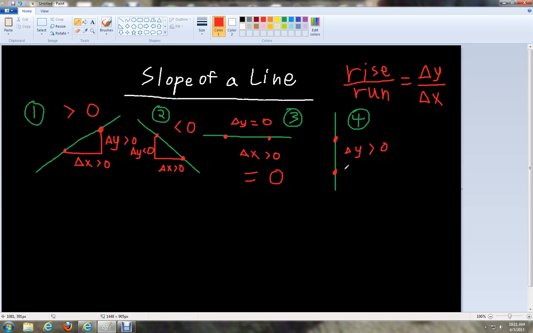But x, there is no change going left or right. So our delta x is 0. And if you notice with slope, if you have 0 in the denominator, you know that that's undefined. We can't divide by 0 with fractions. So that's why it's called an undefined slope.